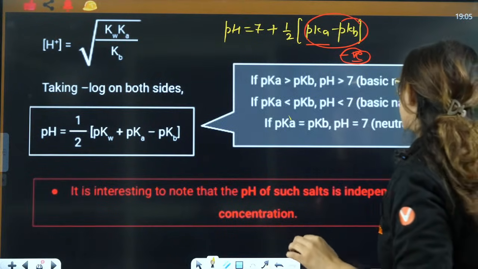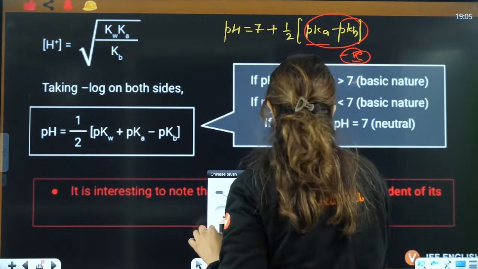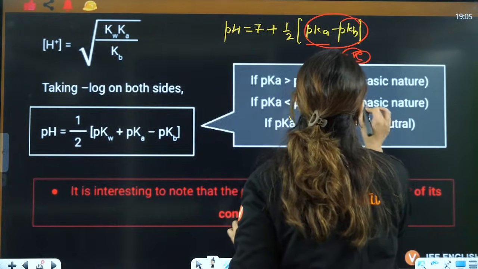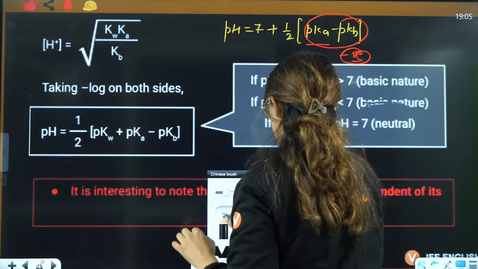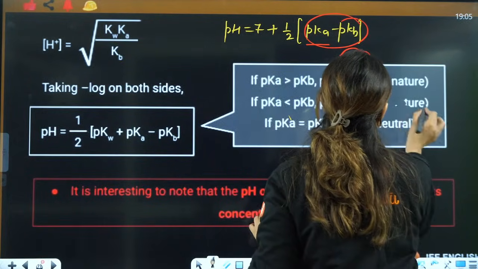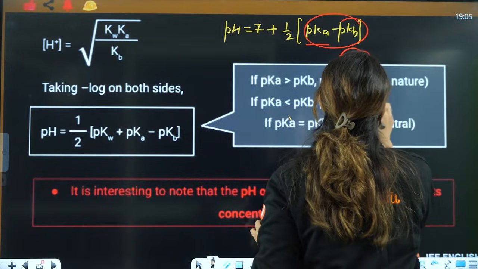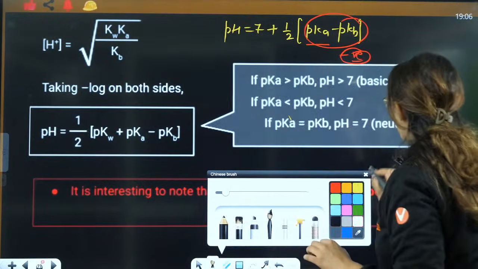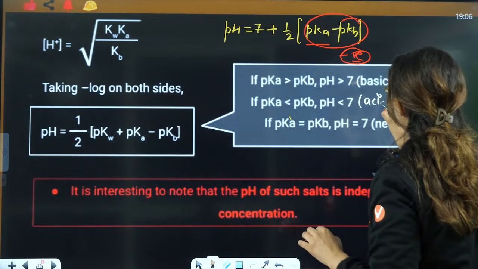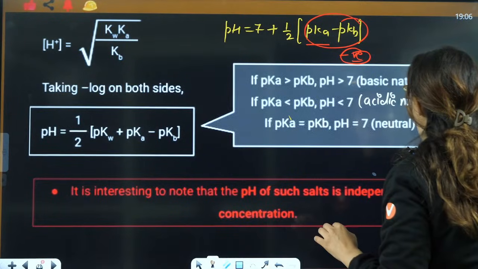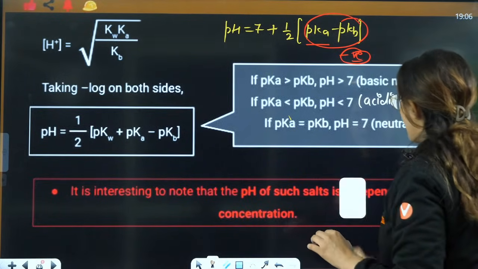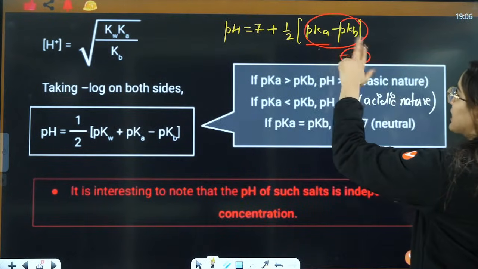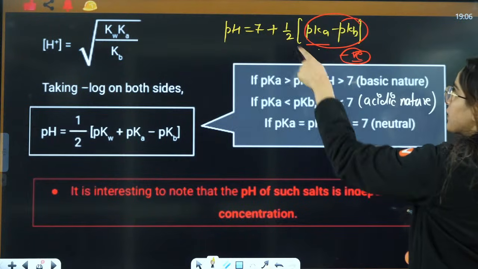Wait a minute, this is acidic. Let me just correct it. This is going to be an acidic solution, pH is less than 7, so it is acidic in nature. And when pKa is equal to pKb, when these two values are equal, this overall value will be 0.